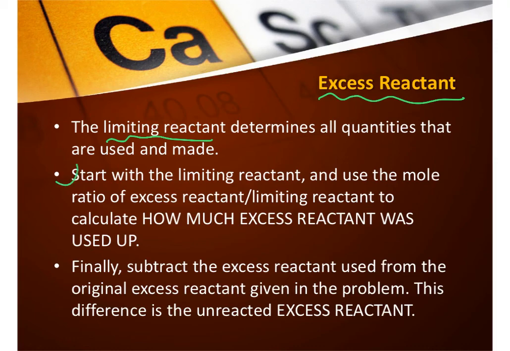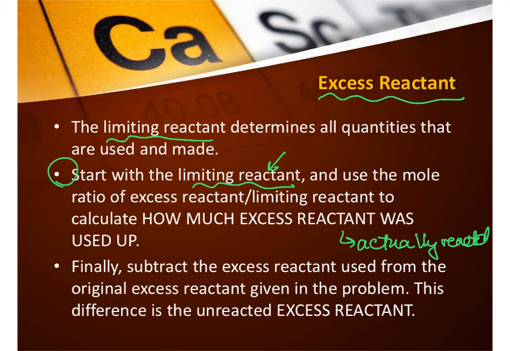Once you know what the limiting reactant is, you will use that and stoichiometry to figure out how much excess reactant actually reacted, or how much was used up. So you're just going to use the mole ratio between the limiting reactant and the excess reactant to calculate how much of this excess reactant I actually used in the reaction.